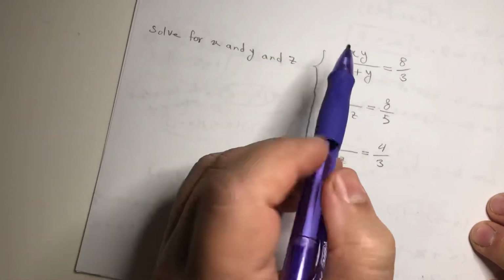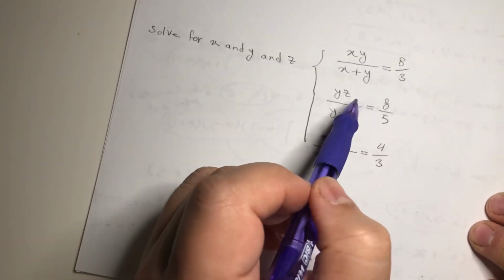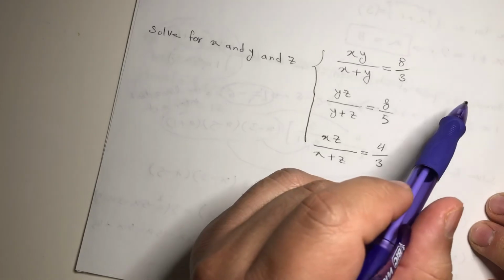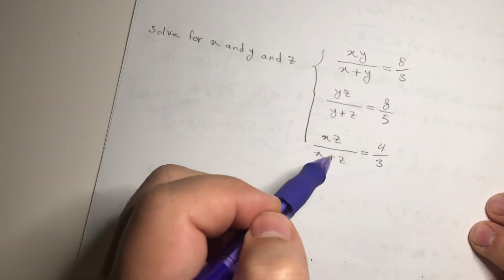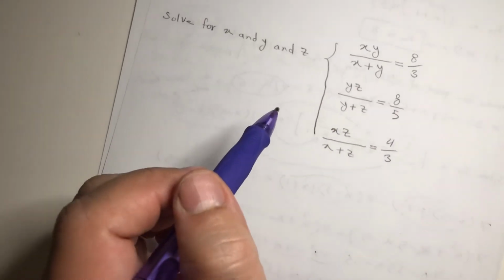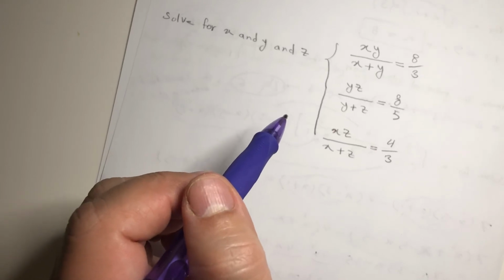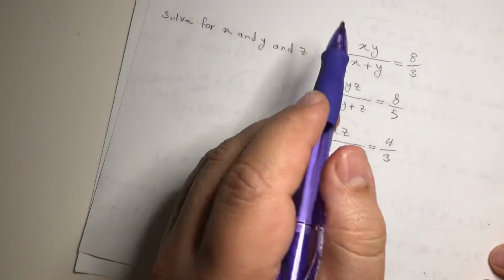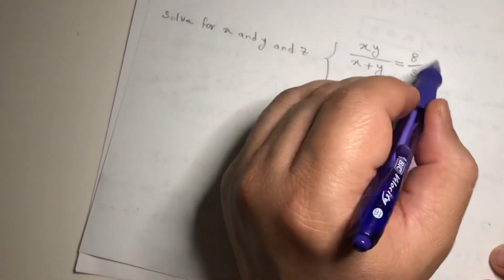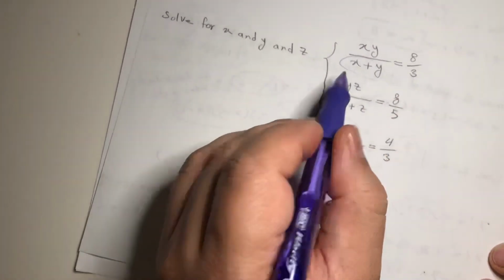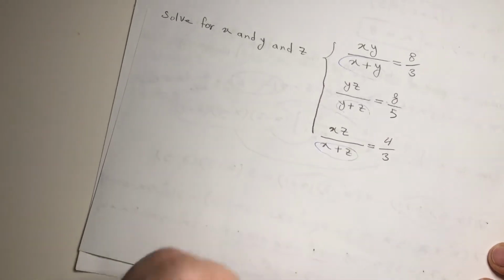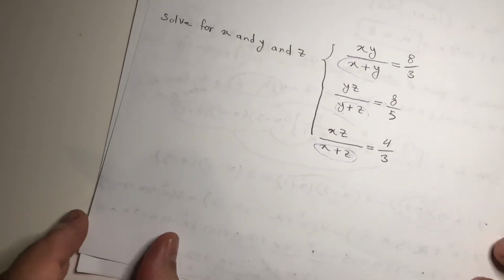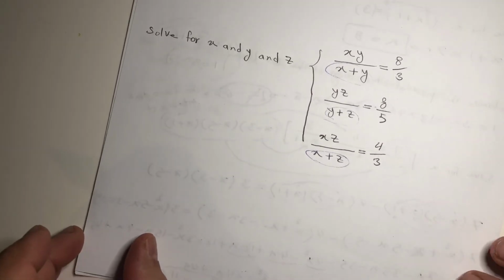The method is the same. You can find x in one equation in terms of the two other variables and replace it in the others. It's a little long to solve, but it shouldn't be a problem. One thing you can do here is multiply this by x plus y in order to get rid of this denominator. So I'll let you solve this, and you can submit your answers in the comments section of this video.